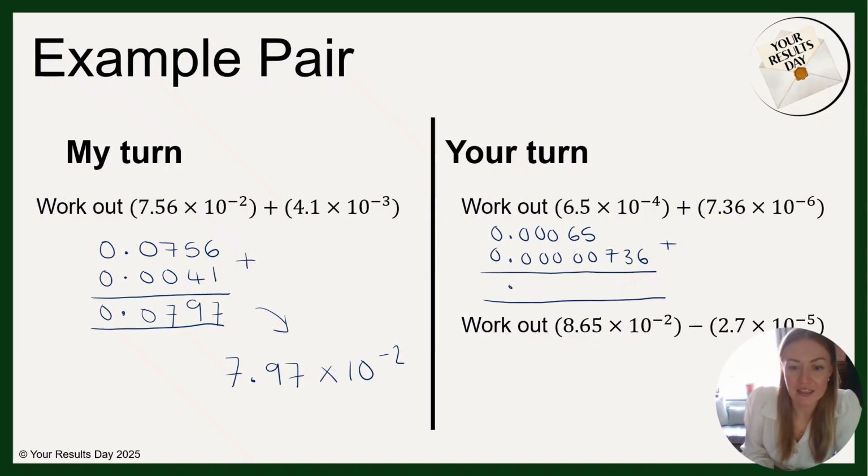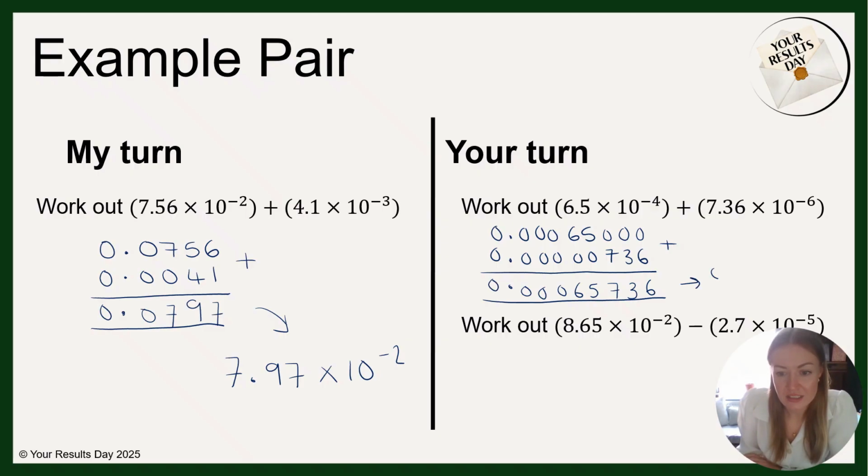And remember what I said, if you do feel more comfortable adding these placeholders in so they have the same amount of decimal places, that's absolutely fine, you can go ahead and do that. Not essential if you don't need to. And so if I run along, adding these together, we get an answer of 6.5736 times 10 to the power of -4.